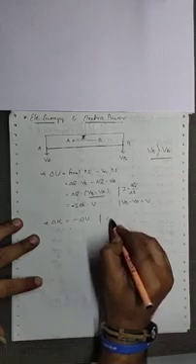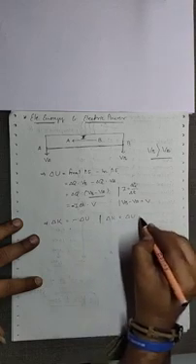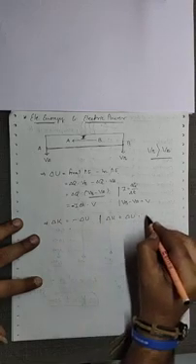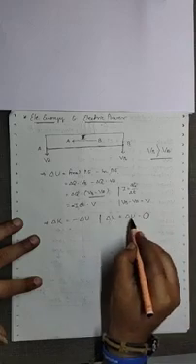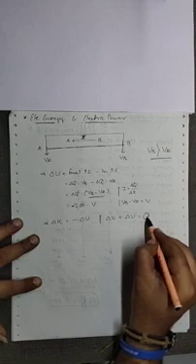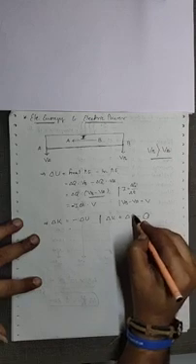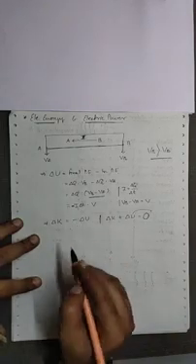What was it? Delta K plus delta U, that is total energy, becomes 0. That means the change in kinetic energy and potential energy is mechanical energy, and mechanical energy is always constant. Constant means it does not change. Take it on this side, so you will get the equation.